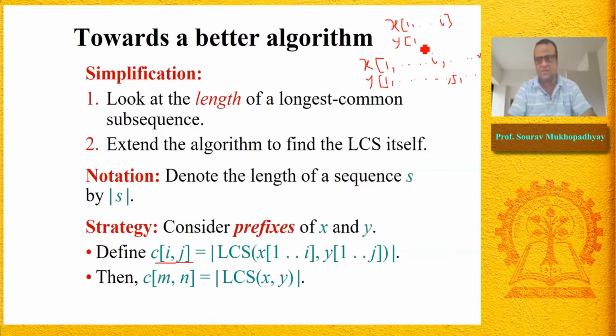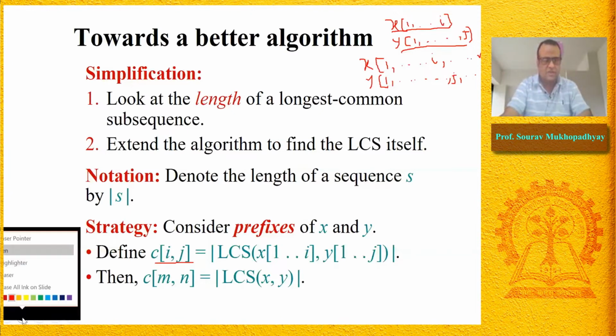Anyway, these two are just variable indices. So now we take two sequences, x up to i and y up to j, and we define C[i,j] to be the length of the longest common subsequence of these two sequences, up to i and up to j.